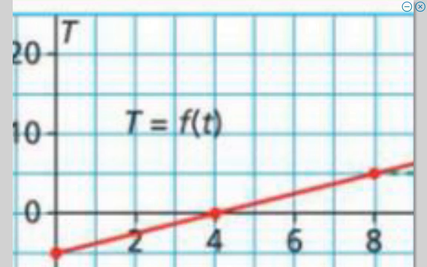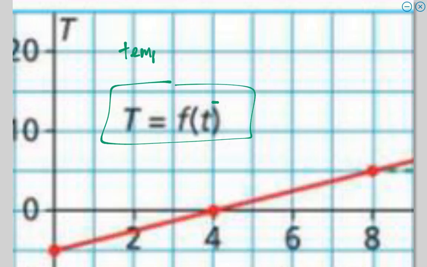Even look at the top here: the temperature is a function of the time. So what that tells you is that the temperature depends on what time it is.